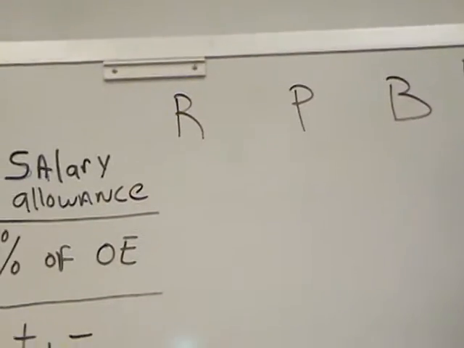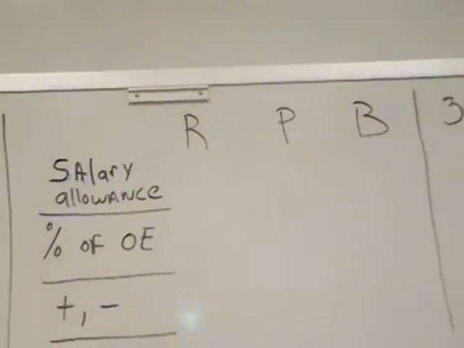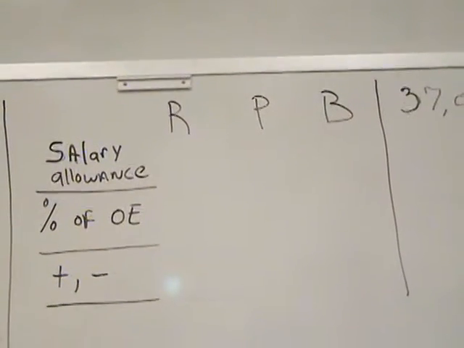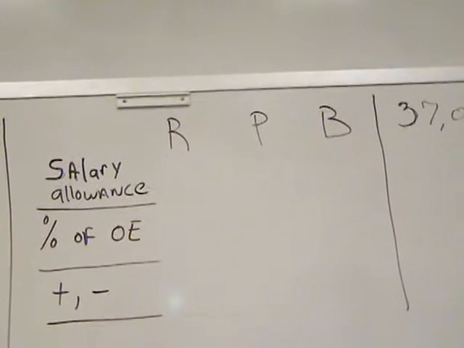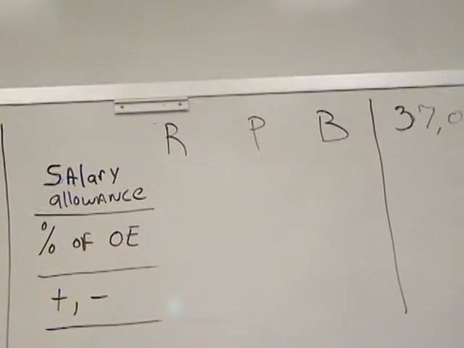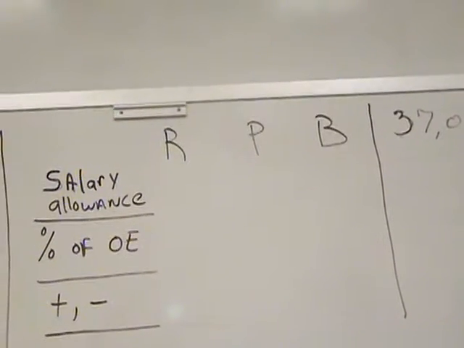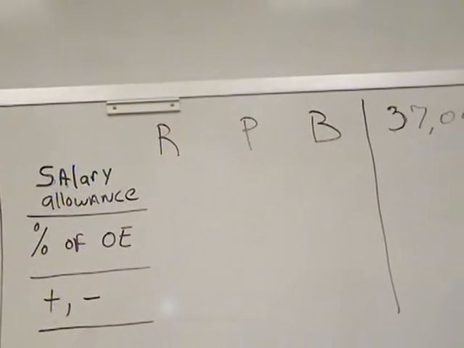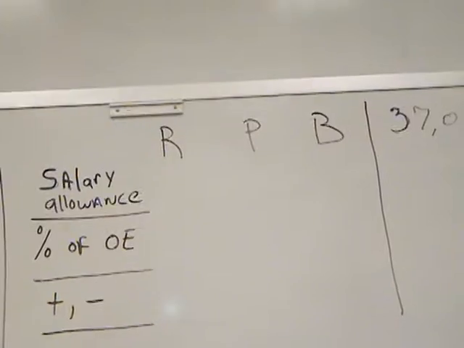Okay, so now in the salary allowance, how much is the salary? 10,000 and 15,000 for who? For the problem says C and N, which in our case, we use the first initial, so R and P are going to get 15,000 and 10,000.